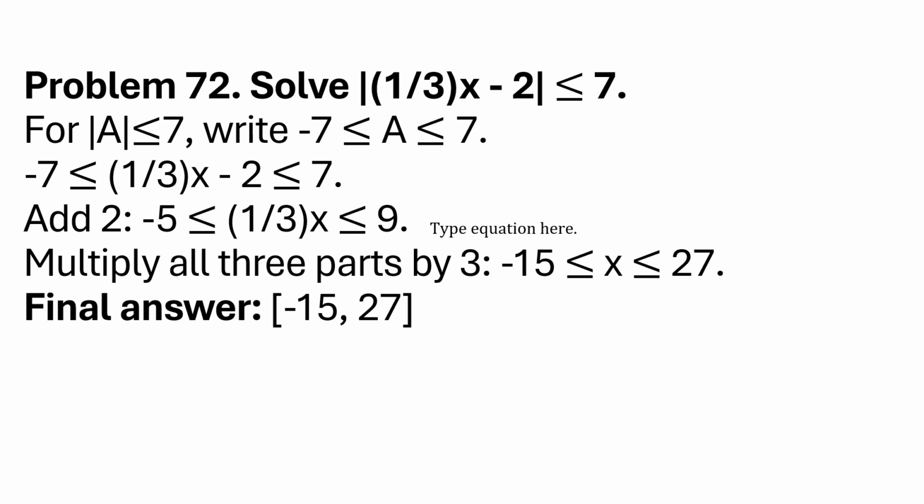Adding 2 gives negative 5 less than or equal to 1/3 x less than or equal to 9. Multiplying by 3 gives negative 15 less than or equal to x less than or equal to 27. Therefore, the solution set is the closed interval from negative 15 to 27.